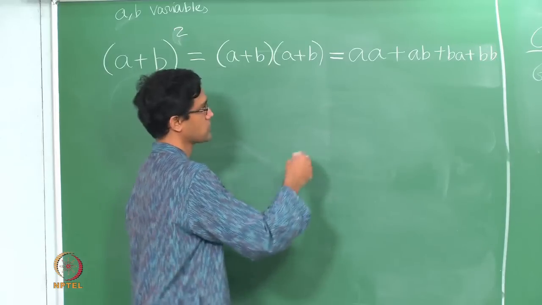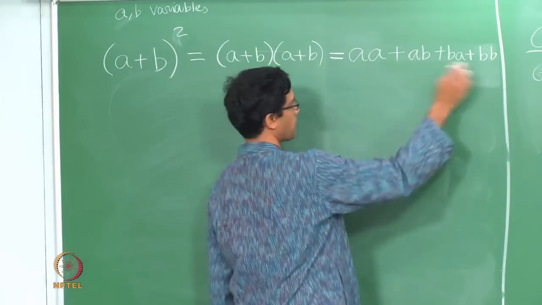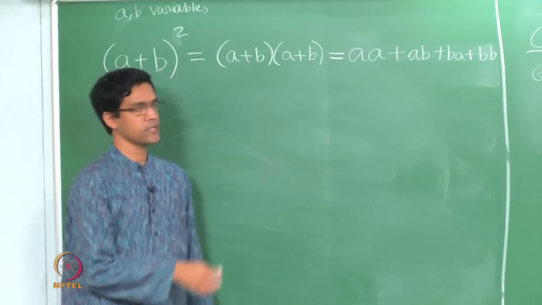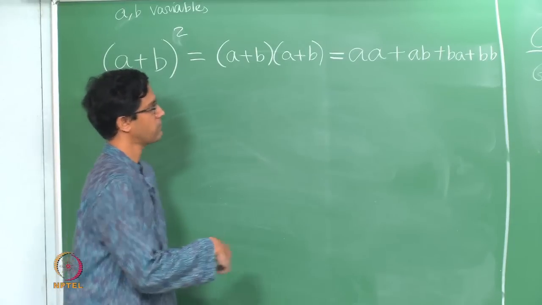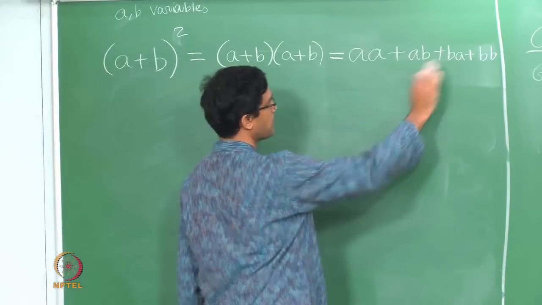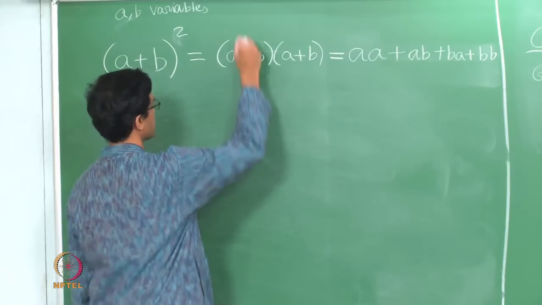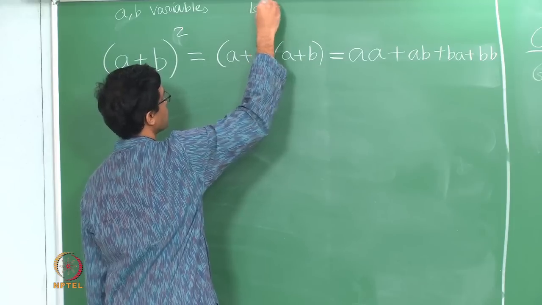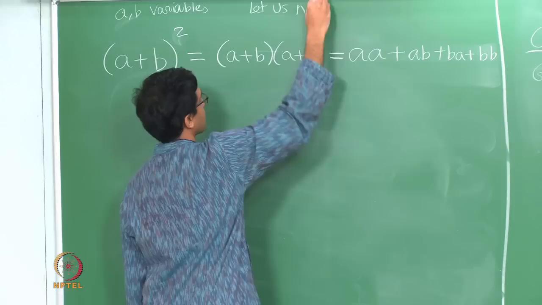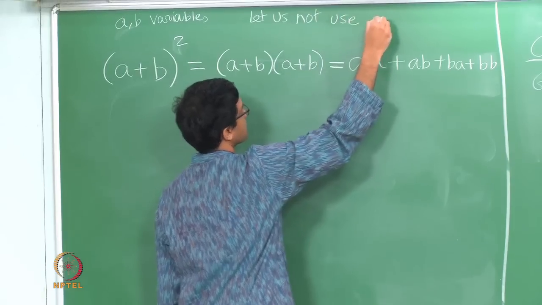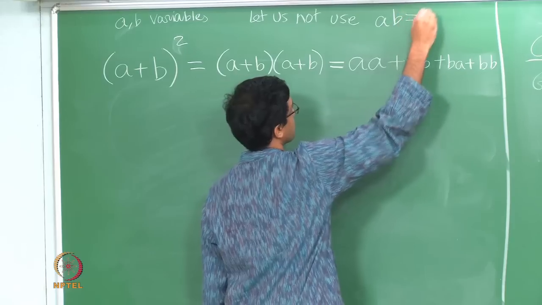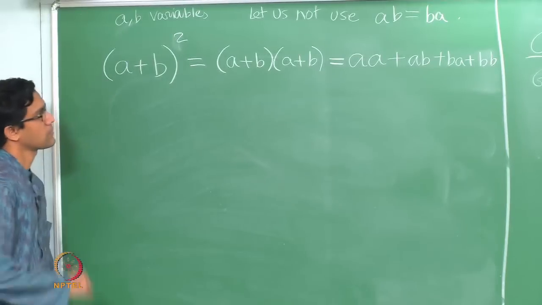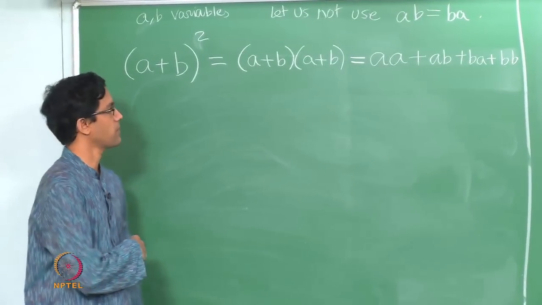Of course you recognize this is a squared plus b squared plus 2ab. The only difference now is I have written it out like this without using the fact that AB is the same as BA. I want to keep the distinction for now. So let us not use the commutativity property, in other words, the property AB equals BA.